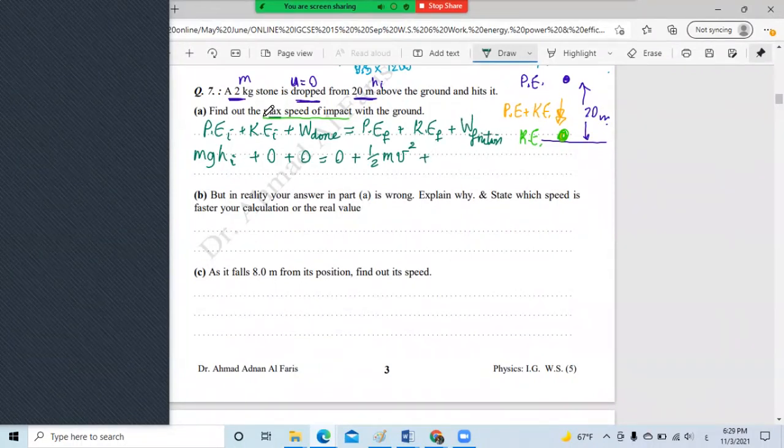I assume there is no work against friction. That's why they use the word maximum. They didn't mention it. So you can now use the formula that potential energy initial equals kinetic energy final.